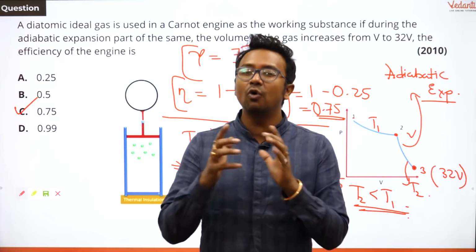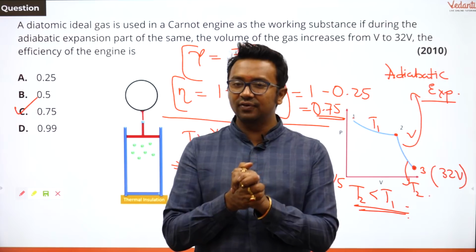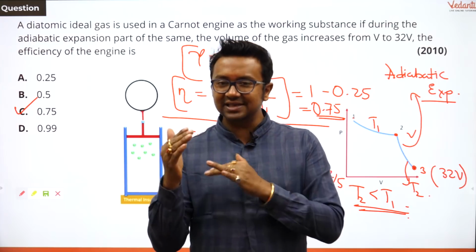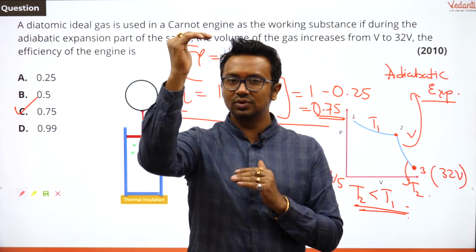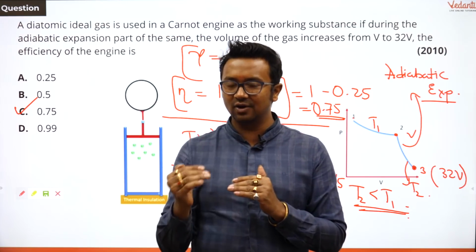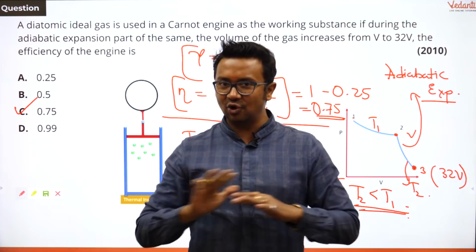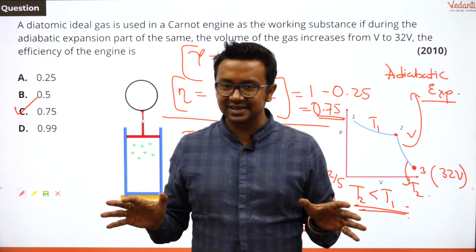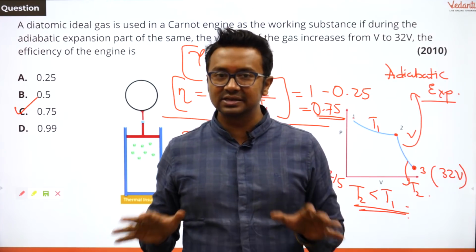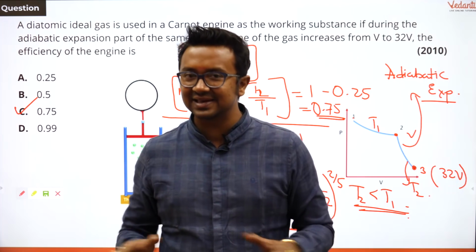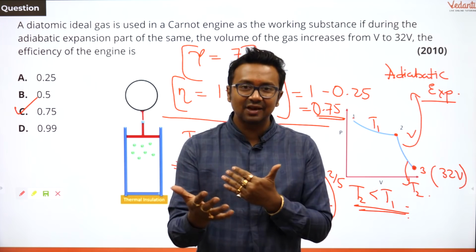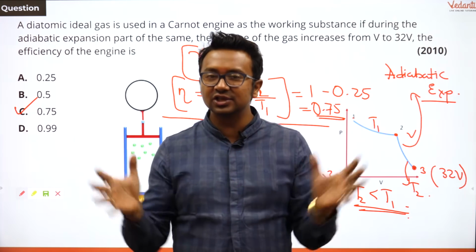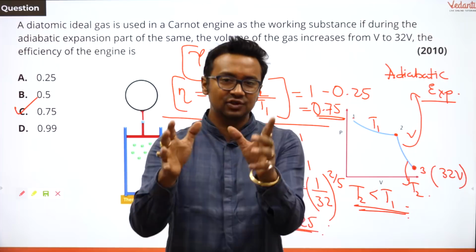Other than that, we have also looked at the efficiency of the engine. If it is maximum, then what is the condition? That is QC by QH equals T2 by T1 or TC by TH. Alright. These are all the important concepts for the numericals of the second law of thermodynamics, and that's it. Beyond this, there is nothing else; the concepts are consolidated and served as a package for you guys.